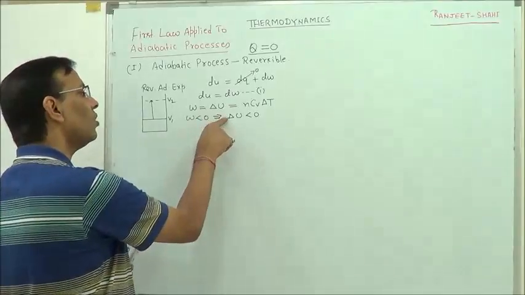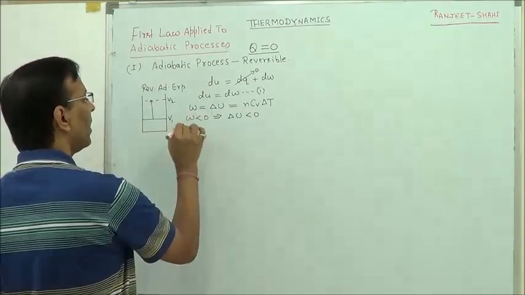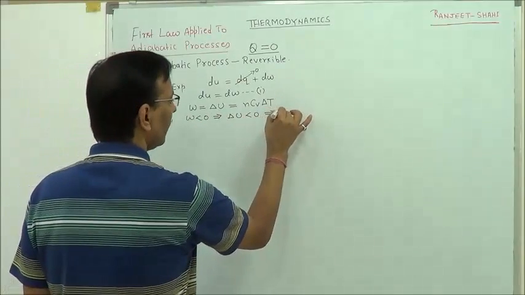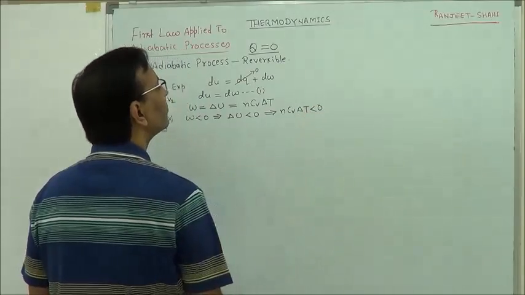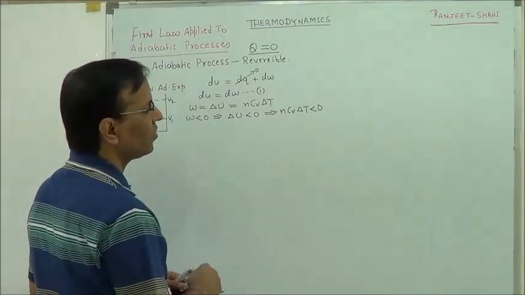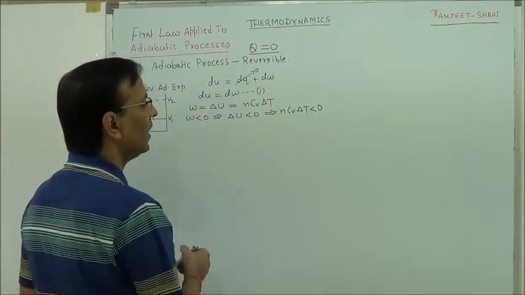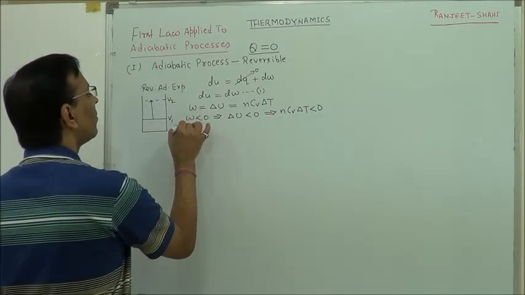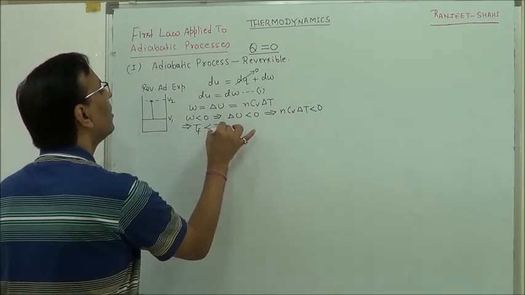Since delta U is negative, this implies nCv delta T is also negative, where n and Cv are positive quantities, so delta T must be negative, and delta T negative means T final must be less than T initial.